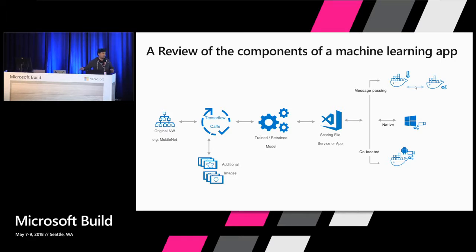IoT Edge does a great job of allowing you to have that message passing infrastructure and have the inferencing component or this scoring component either on device, on the hub, or on the cloud. The challenge is that if you're doing that with things like images that need to be processed at 30 frames per second, even the penalty that you pay on going up and down the stack every time that you write a message within the same machine is too much.